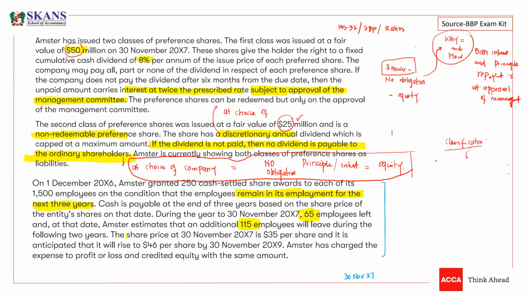The share price at 30th November X7 is 35 per share, and it is anticipated that it will rise to 46 by 30th November X9. It will rise to 46, but are we going to write 35 or 46 for 30th November X7? Please do let me know.